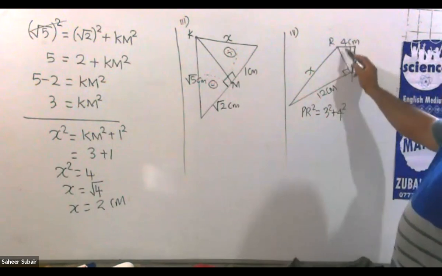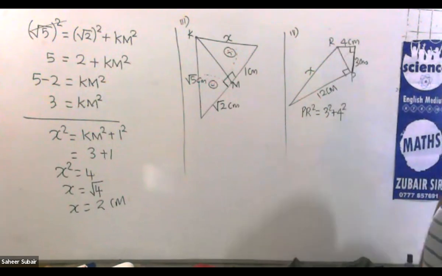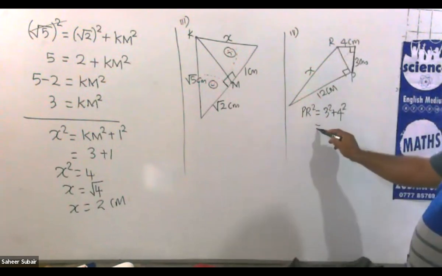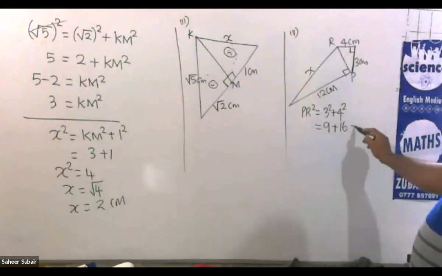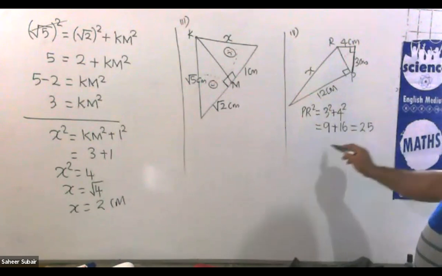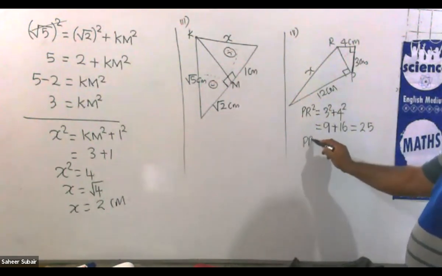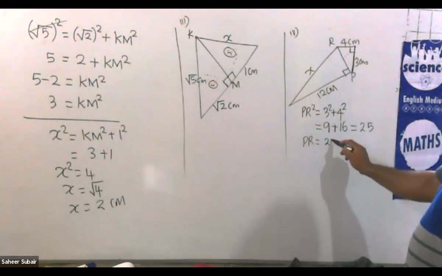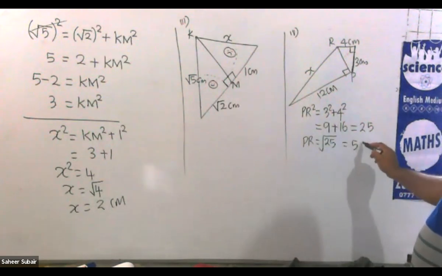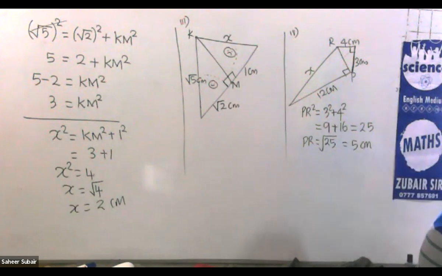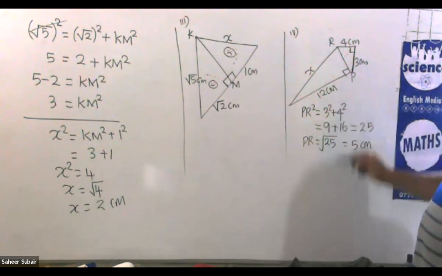Already we know 3, 4 means that one will be 5, but we have to show the work. 3 squared is 9, 4 squared is 16. So 9 and 16 make 25. So PR squared is 25, which means PR is equal to the square root of 25. The square root of 25 is 5 centimeter. Then PR is equal to 5 centimeter.